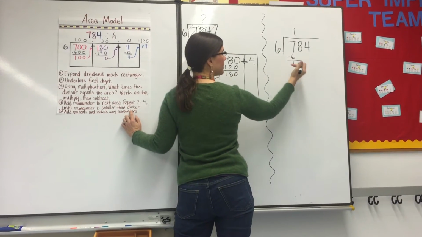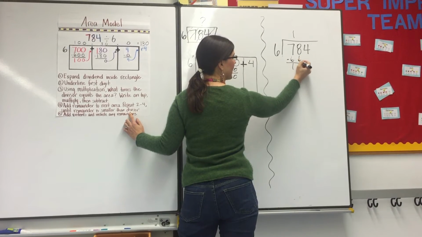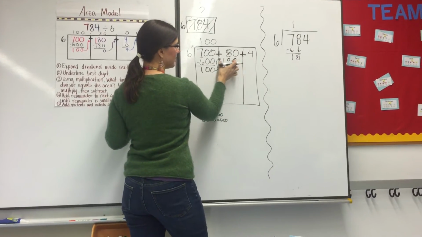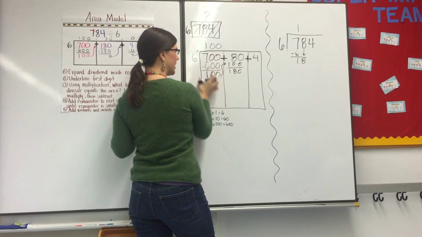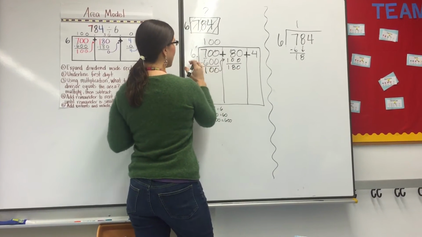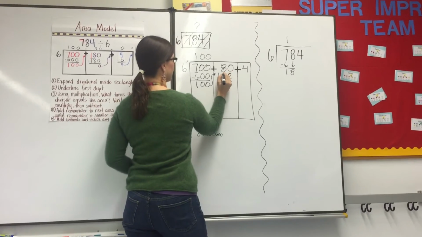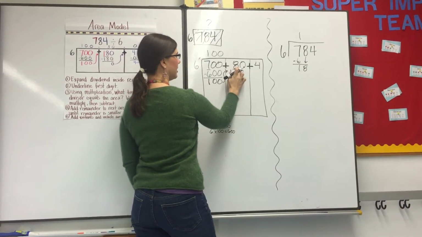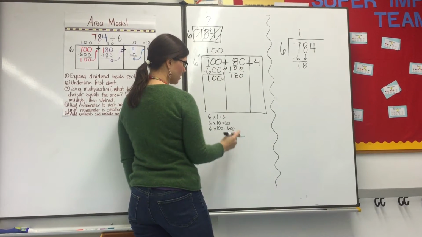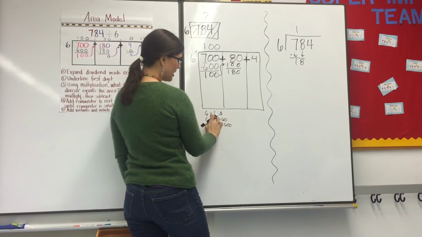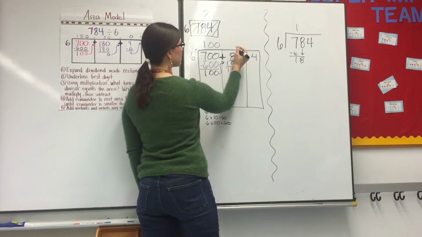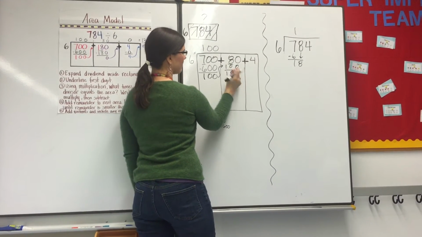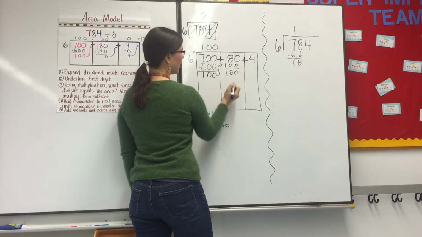In the standard algorithm, our next step is to bring down. And that's what we did here. We kind of brought down the 80 with the remaining hundreds. So I go back to step 2, underline the first digit. What times 6 can give us a number close to 8 without going over? I can go back to this chart. Going to 180, this is the digit I need to underline.